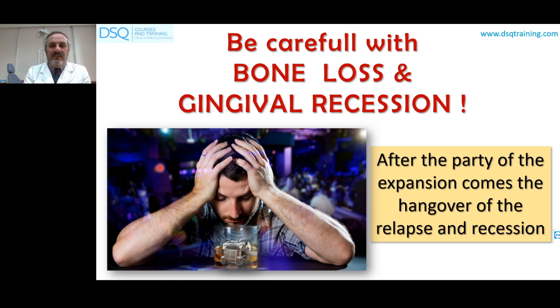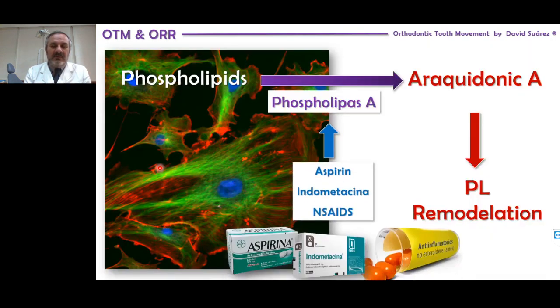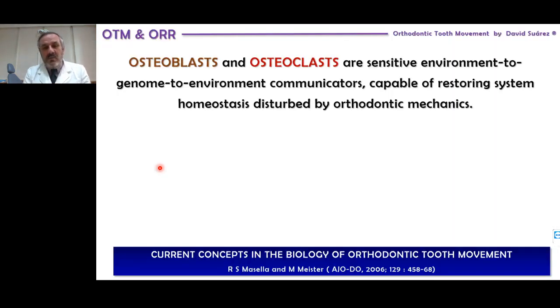Be careful with the bone loss and gingival recession, and remember that after the party of the expansion comes the hangover of the relapse and the recession. Remember this about orthodontic tooth movement, about the different biomechanics of the cells, and the biology of the events in the periodontal ligament after the application of our brackets and wires.